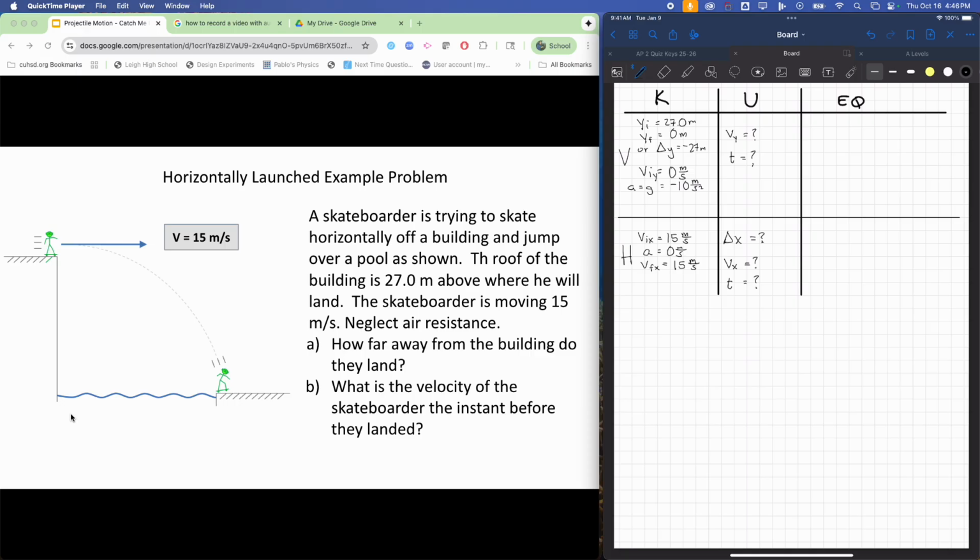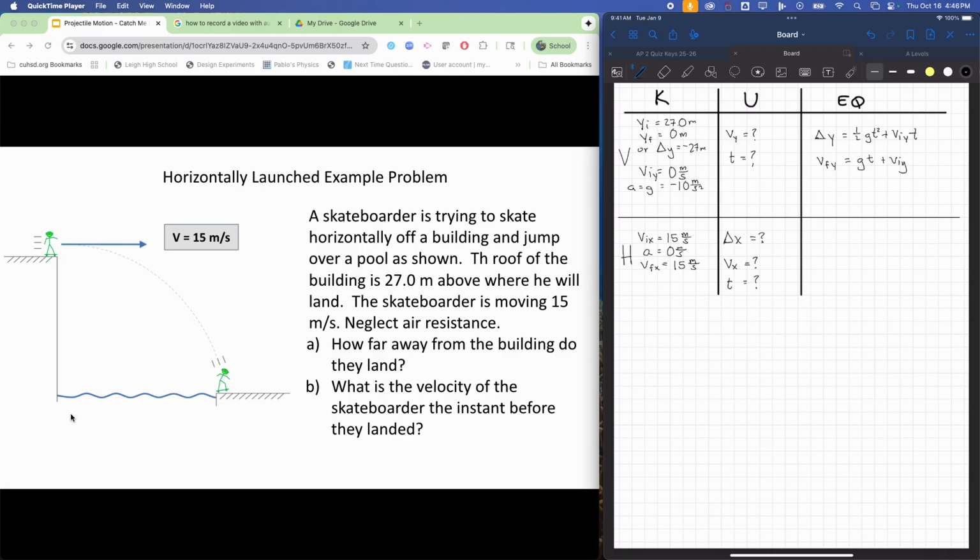Those are all the things we know, and the equations that we know how to use: I'm going to use the delta y, the GPS equation, 1/2 g t squared plus V initial y times t. And then we also know the speedometer equation, V final in the y is equal to g times t plus V initial in the y.